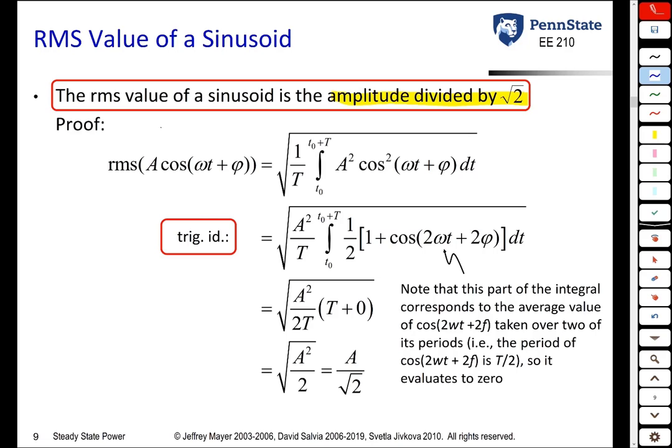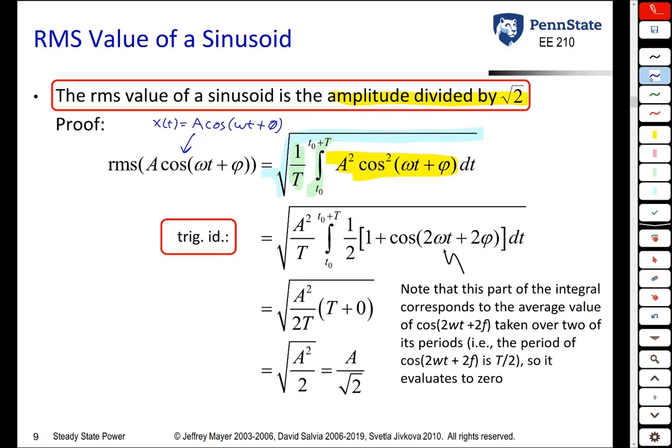So here's the proof. Let's let our function x of t be A cosine of omega t plus phi. So at some frequency omega, some phase of phi, some amplitude of A. And we want to calculate its RMS value. So what we do is we first square x of t, then we take its integral over one period and divide it by the period, and then we take the square root.